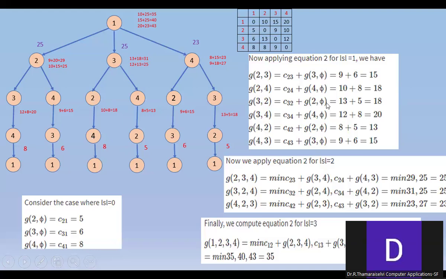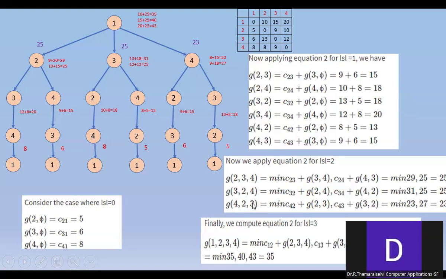So now we have to apply for length 2, visiting 2 cities. So G of 2 comma 3 comma 4. G of 2, 3, 4 is the min of C23 plus G of 3, 4, and C24 plus G of 4, 3. Here 2, 3, 2, 4, here 3, 2, 3, 4, here 4, 2, 4, 3.